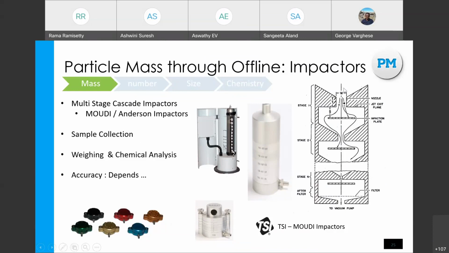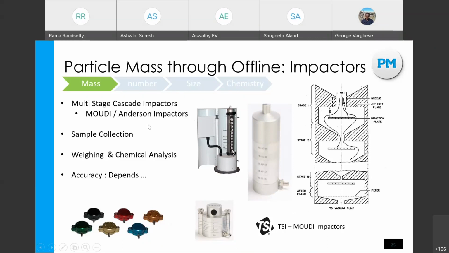We pull the air from the outside, and based on inertia, the particles of the bigger size will settle down first, then the next, smaller size, and then the smallest size on the bottom. This is based on the principle of inertia, and it collects the particles based on aerodynamic particle sizing.